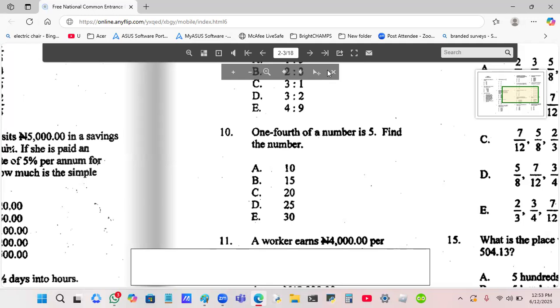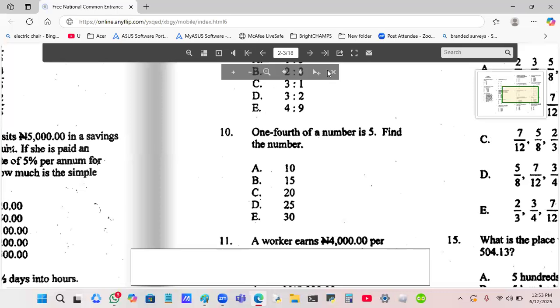And what did I say? In mathematics, "of" equals times and "is" equals equals, right?